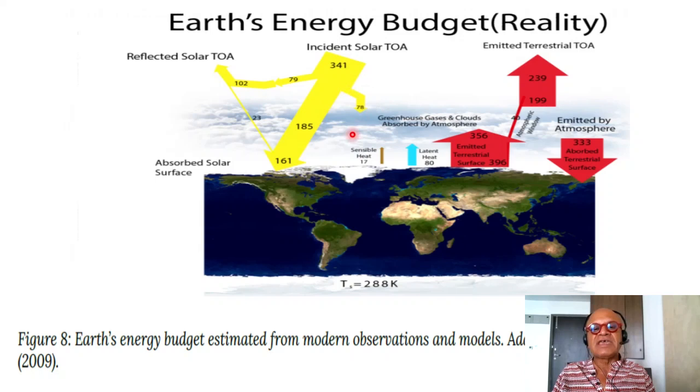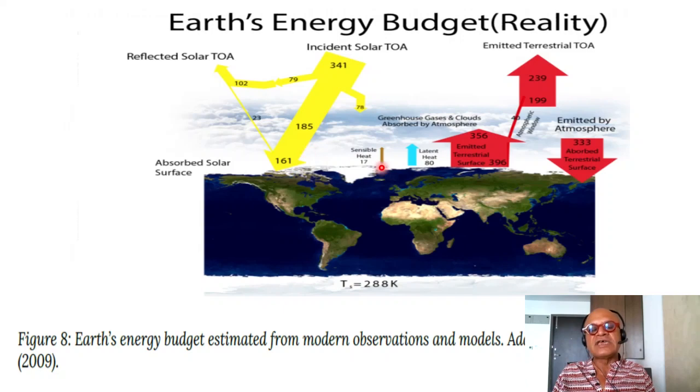So you have 78 that is being absorbed in the atmosphere at various levels. The remaining 161 is going to make it to the surface through the atmosphere. We will see that there is a lot of detail there as well.